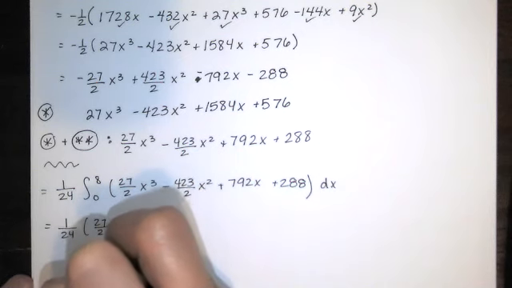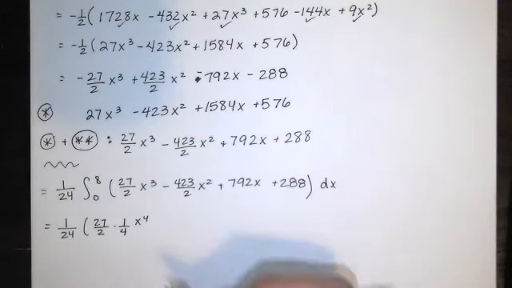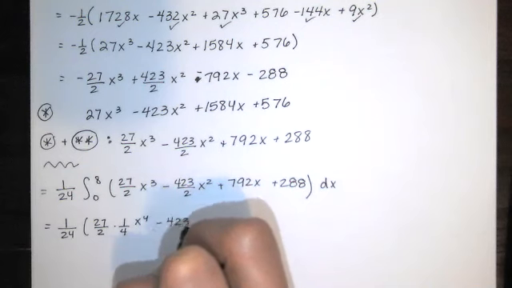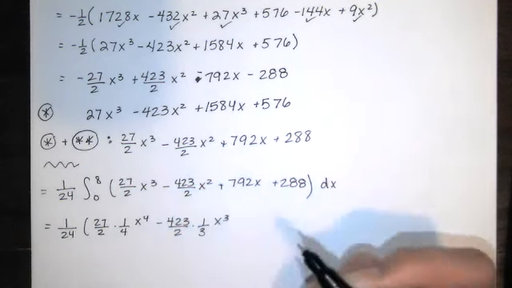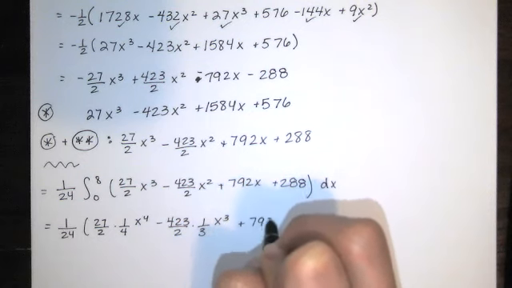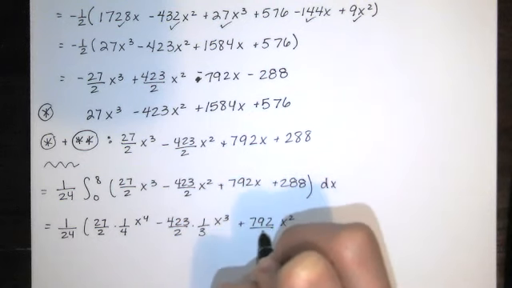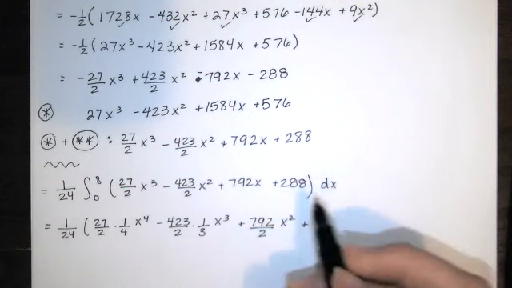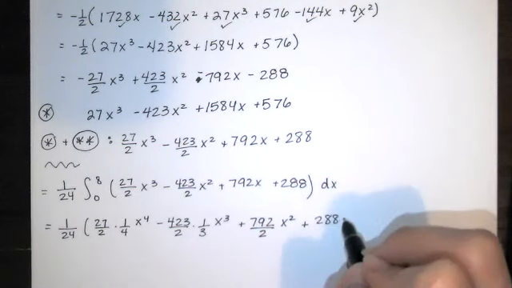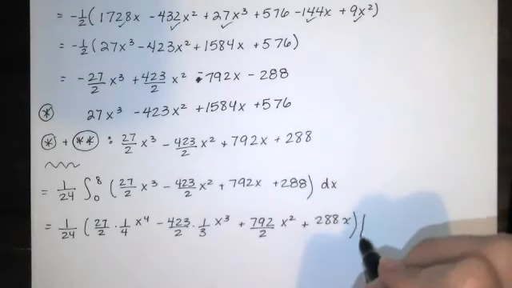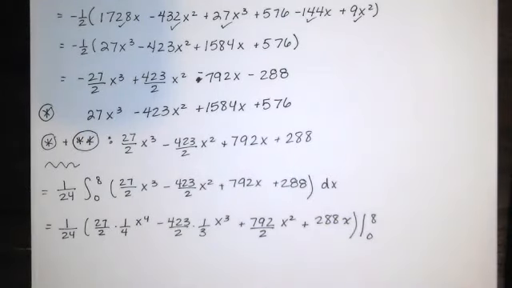Add 1 to the exponent, divide by the new exponent. Bring the constant down. Add 1 to the exponent, divide by the new exponent. Bring the constant down. Add 1 to the exponent, divide by the new exponent. The antiderivative of a constant with respect to our variable is the constant times the variable. And then we evaluate from 0 to 8.